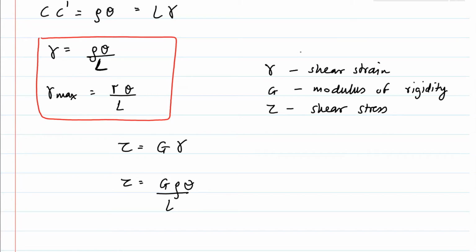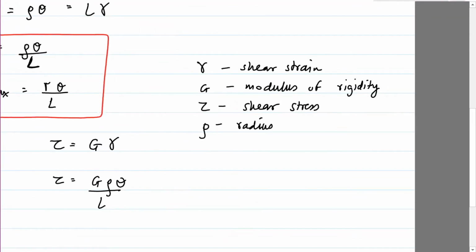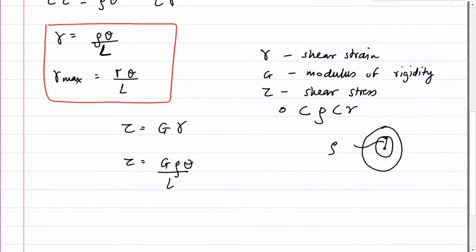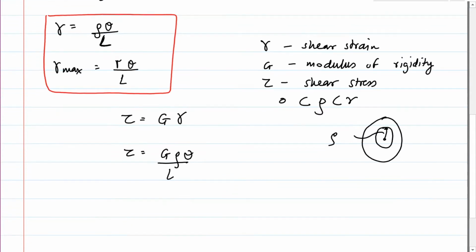No. Rho is the radius from the center, so rho goes from 0 all the way to R. It just gives me a way to figure out the shear strain as I change rho. So it gives me the shear strain in different layers of the shaft.